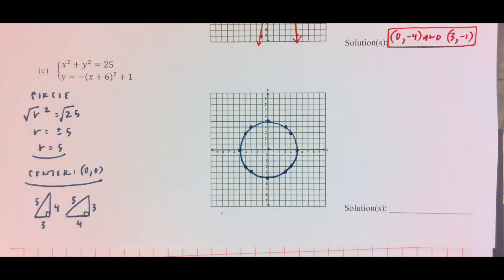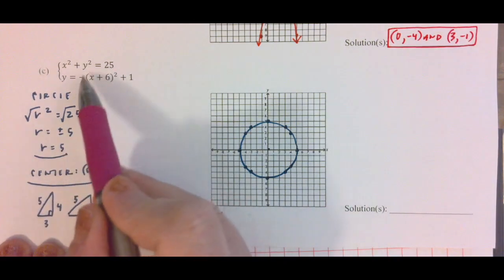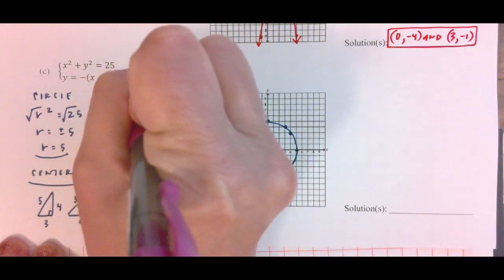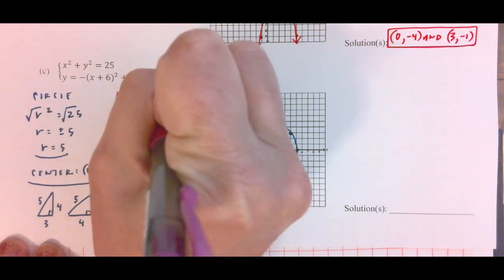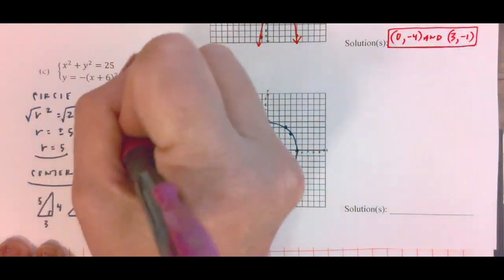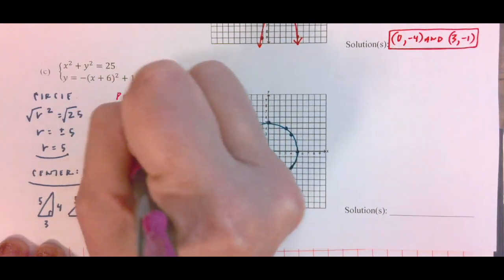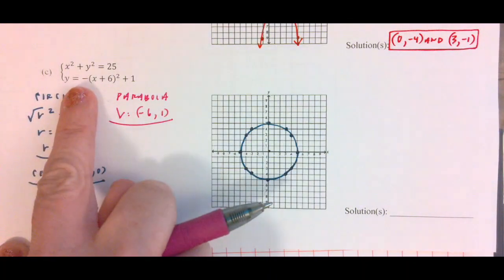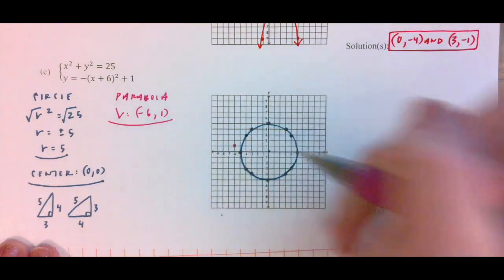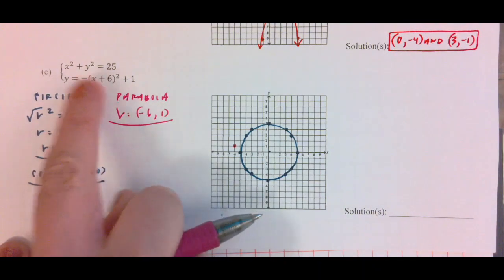Okay, the second one here is a parabola. I notice because I have an x to the second power, so a parabola. Okay, I can see that it's 6 left, 1 up. So my vertex is -6, +1, and it has a vertical flip to it. So left 6, up 1. And then from here, I'm just doing the vertical flip. I'm opening down.